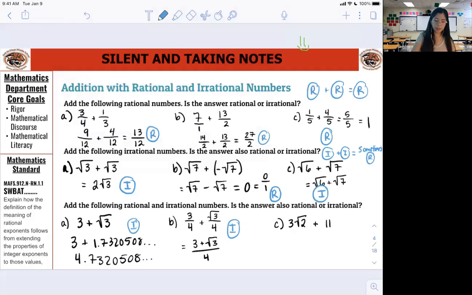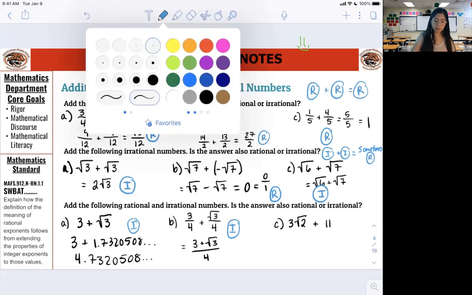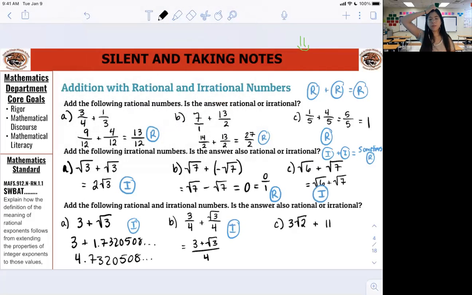And then finally, 3 times 3 root 2 plus 11. If I add 11 to an irrational number, it's going to make it bigger, but it's still going to maintain irrational. It's going to stay irrational. This is like adding a negative to a positive, maybe?